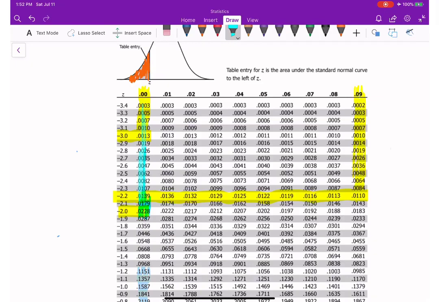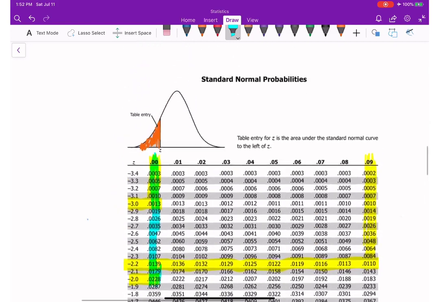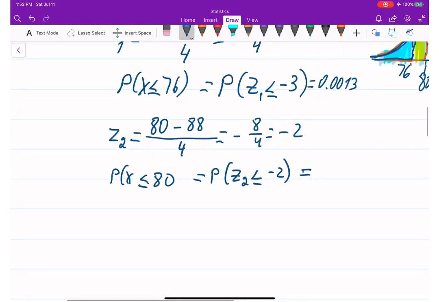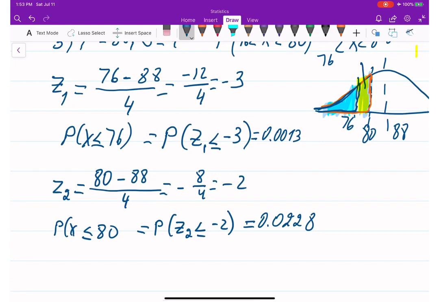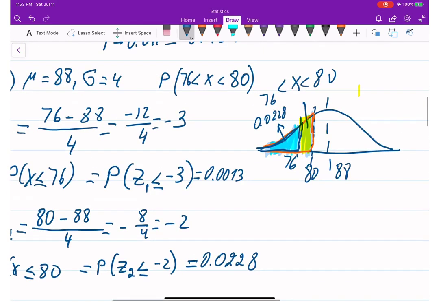Till 0. All right, 0.0228. So this blue color is a probability of 0.0228.